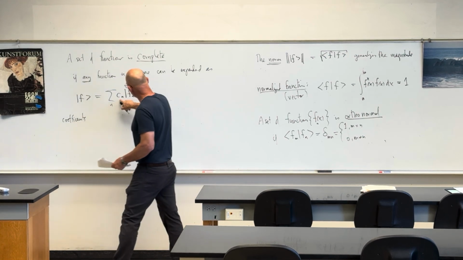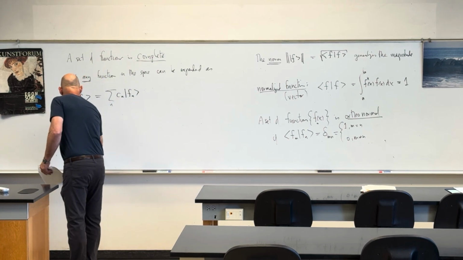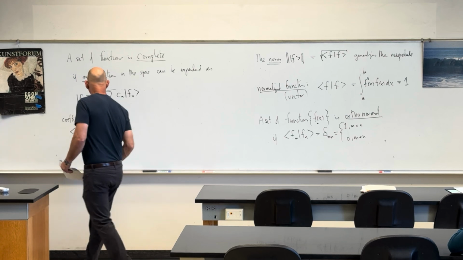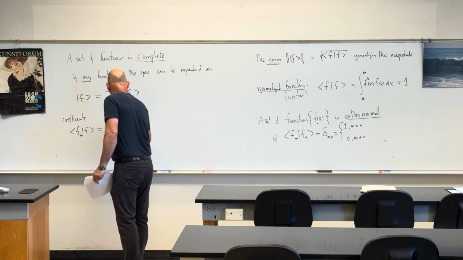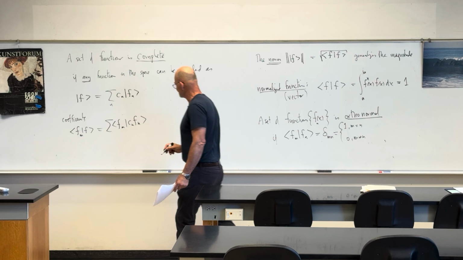So we've got that, and then for the coefficients, what are these c sub n? Well, what we do is we multiply f sub m on the left, with the sum of c sub n f sub n.